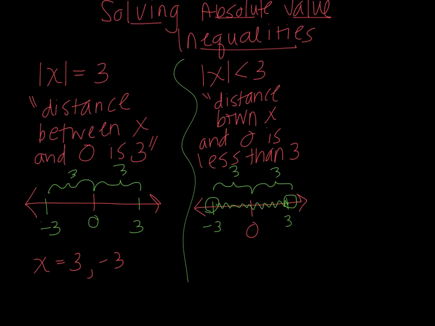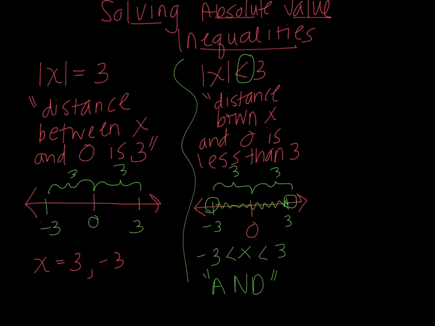So we would use the inequality negative 3 is less than x is less than 3 to represent all the numbers that satisfy that statement. So notice how an and compound inequality was created for our less than inequality.